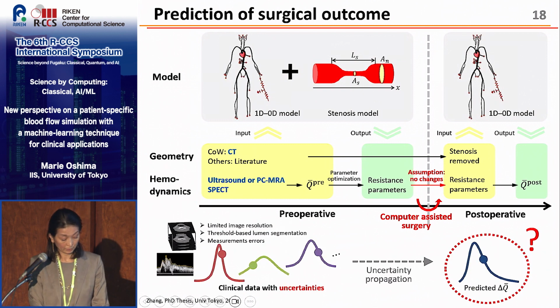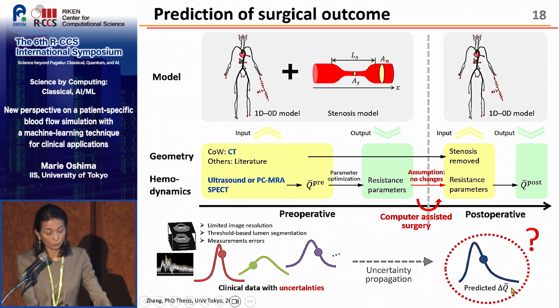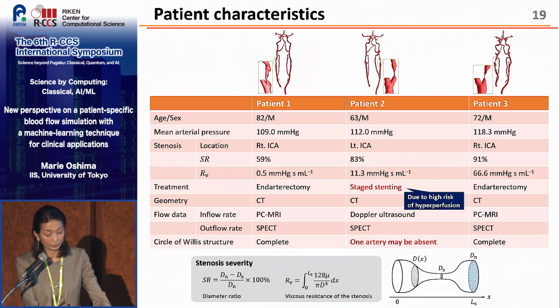And for the uncertainty quantification, we change the input conditions, for example geometry and velocity, within an uncertain region. And then we can obtain the distribution of the difference in the flow rates before and after the surgery.